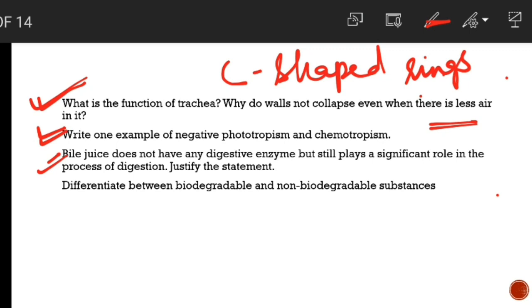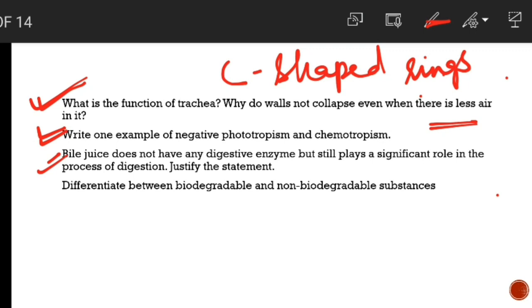Differentiate between biodegradable and non-biodegradable substances. This is from the chapter Our Environment. So you can see that questions from Our Environment are also asked. So please don't skip that chapter. It's a very easy question.